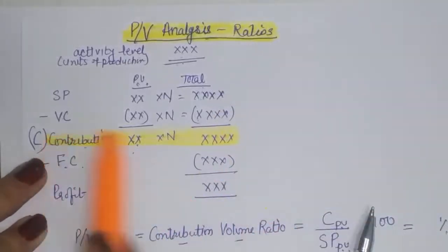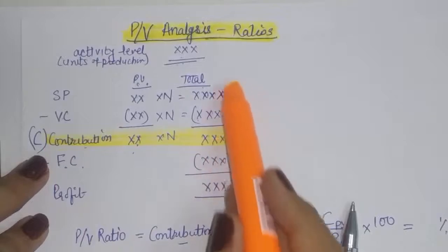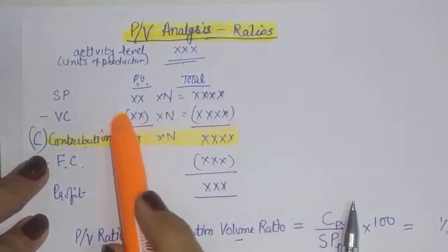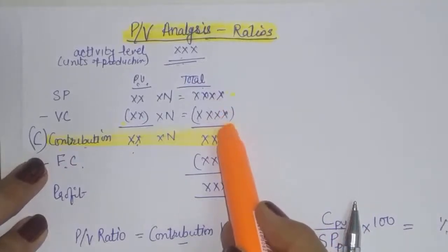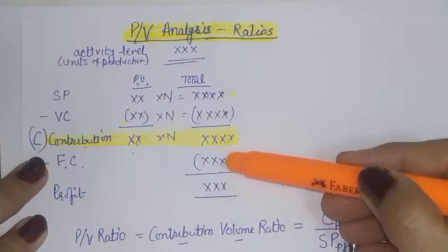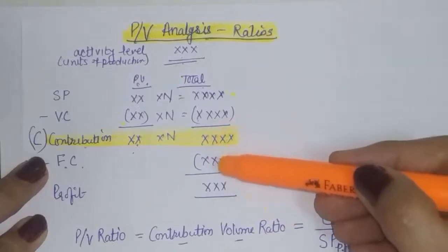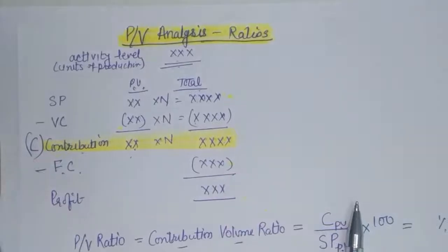So when I say we are to make use of contribution, we can take contribution as selling price minus variable cost, or sales minus variable cost, or it can be taken as profit plus fixed cost, because contribution minus fixed cost is profit. So contribution is equal to profit plus fixed cost. There are two ways to reach contribution, which will give us two separate formulae.